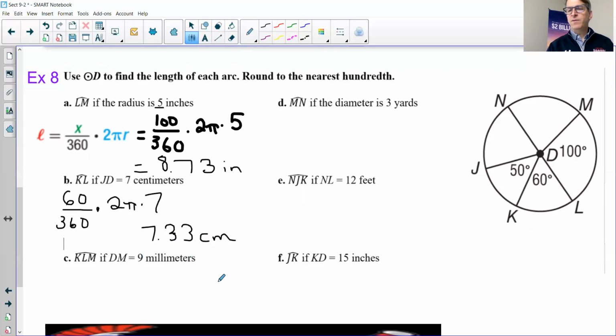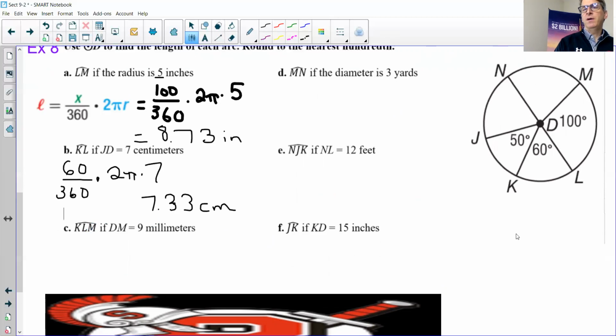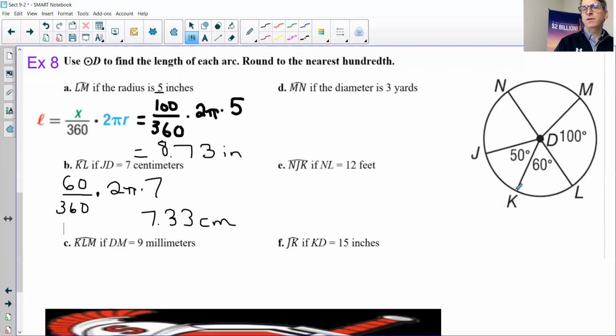Last one today on this video, over the time limit. If you want to do these 3 as practice, you can. We're looking for arc KLM. Take a look at the circle. You can see you've got 100 degrees and 60 degrees, and they're telling us that we have a radius of 9.